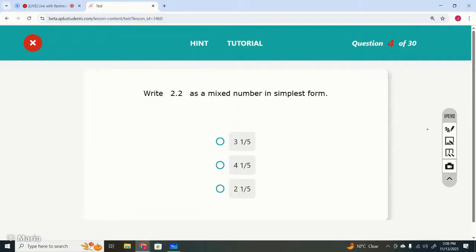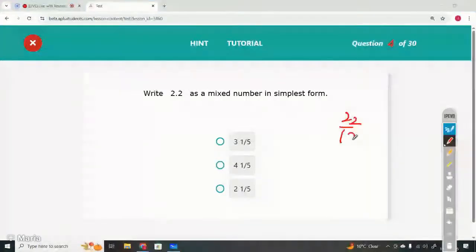Write 2.2 as a mixed number in simplest form. So 2.2 we can write as 22 over 10.